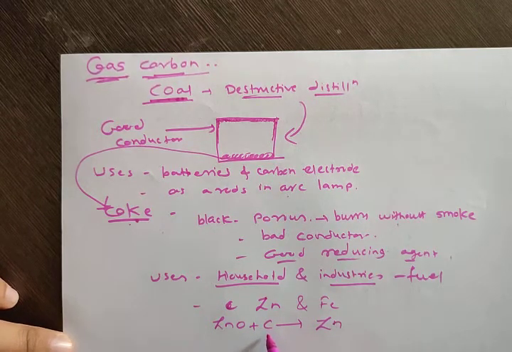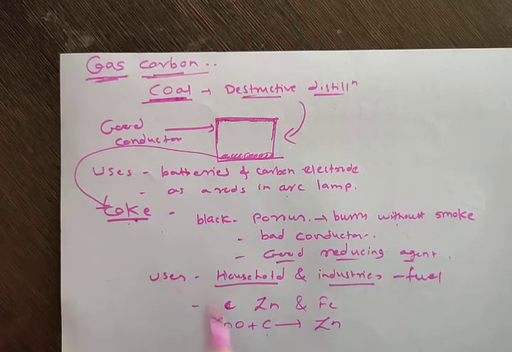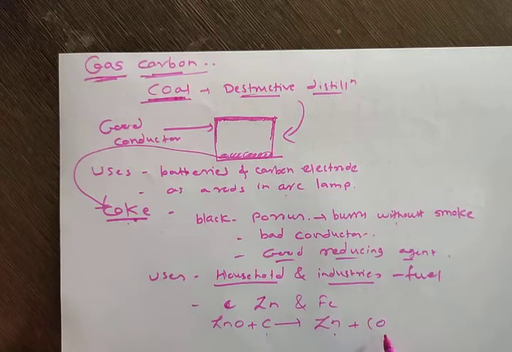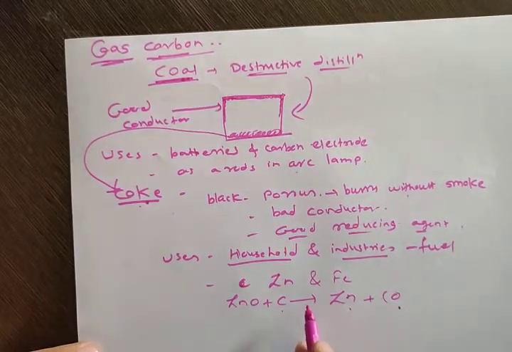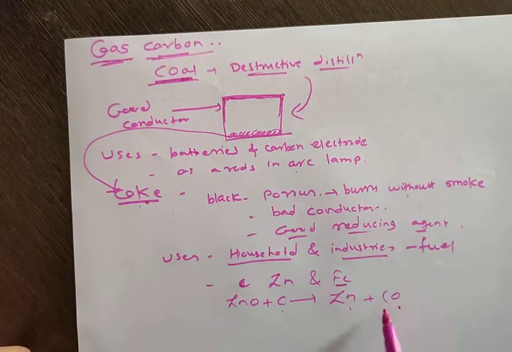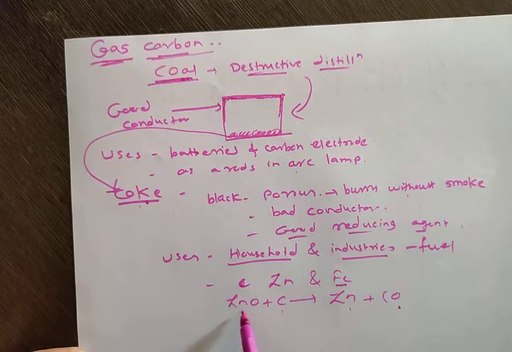So now again I am writing here carbon, because you know coke is also made from carbon, so it will produce zinc and carbon monoxide. Okay, so it is also used as a reducing agent. So for iron also similarly it is used. So zinc and iron are extracted from their minerals by using this coke as a reducing agent.